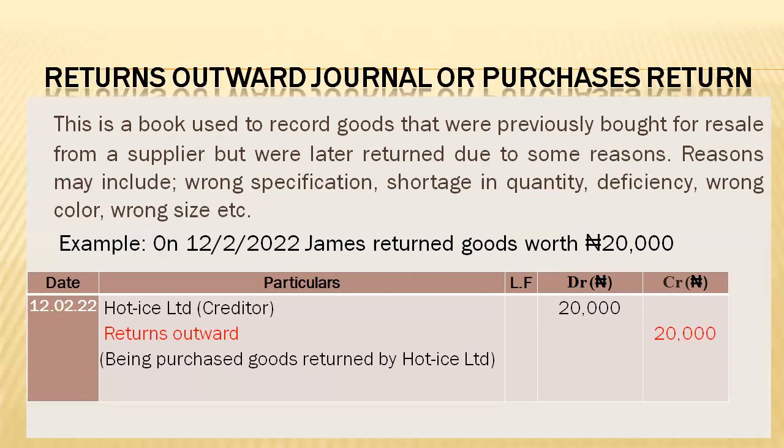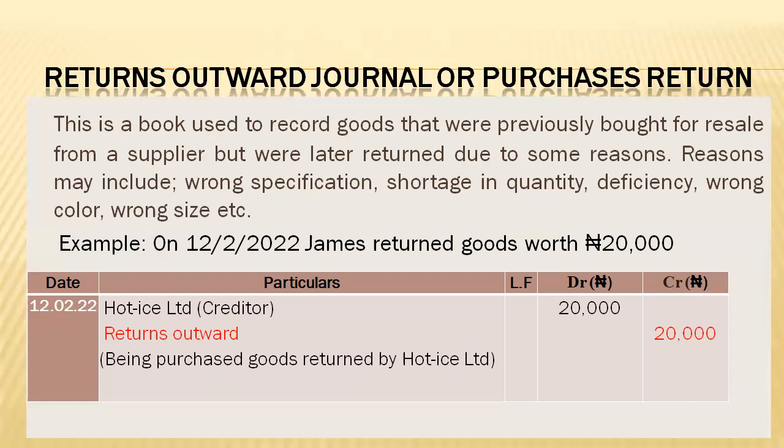For example, on the 12th of February 2022, James returned goods worth 20,000. So let's assume we previously bought those goods and have decided to return goods worth 20,000. Now, when we return goods worth 20,000, what then happens?